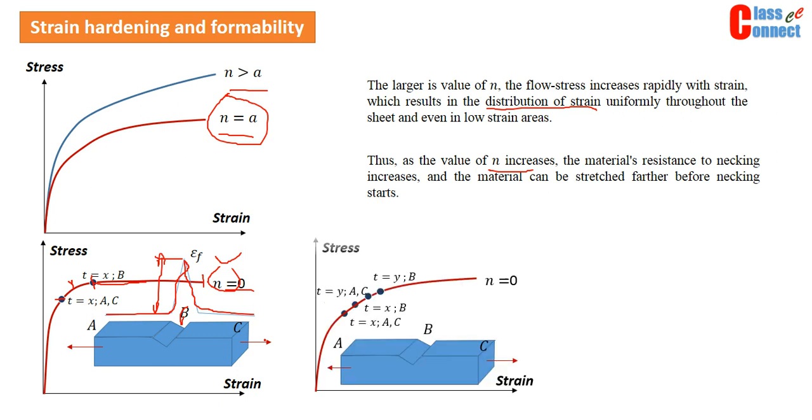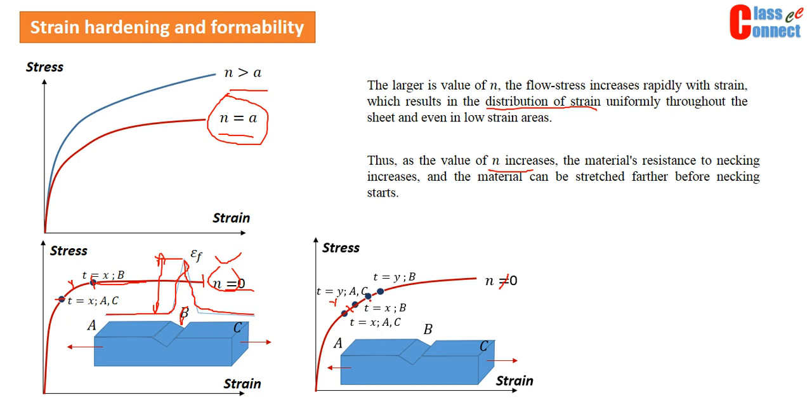So let us see what happens if you have another element where the n value is not equal to 0, rather it is greater than 0. If we have this type of material, let us say this is the yield point. Even so, at time t equal to x, the stress at any point through sections A and C is this, and at B is this.